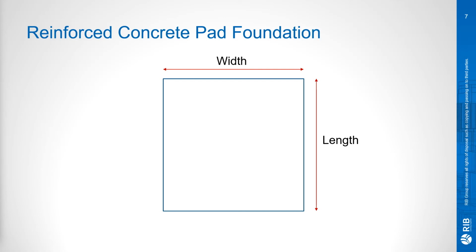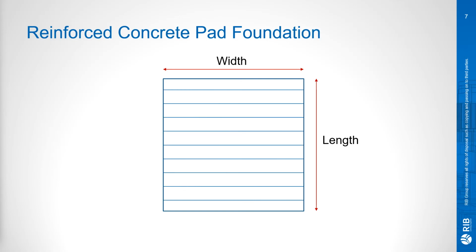Now, for the HD bars, we want to be able to account for some mesh at the bottom of the pad as well as at the top. And the mesh is running in one direction with a spacing of, say, 200 millimeter spacing between each bar. So we need to put a calculation in to say, well, let's take the length of the pad foundation divided by the spacing of each bar and add 1 for the end, and then multiply that by the width, which is the length of one of these bars.